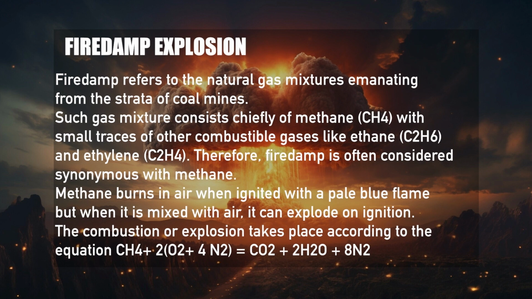Such a gas mixture consists chiefly of methane with small traces of other combustible gases like ethane and ethylene. These gases are also highly inflammable and are also called hydrocarbons. Therefore, fire damp is often considered synonymous with methane.